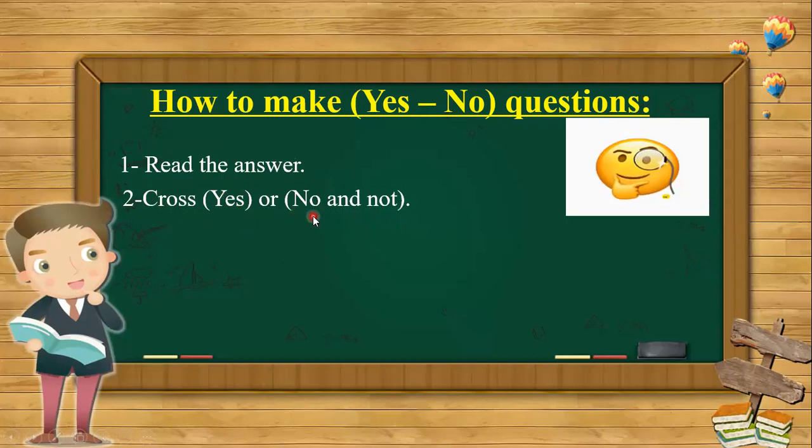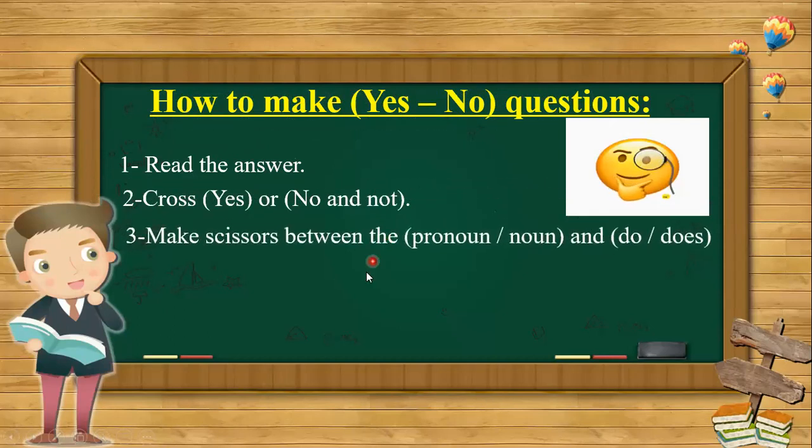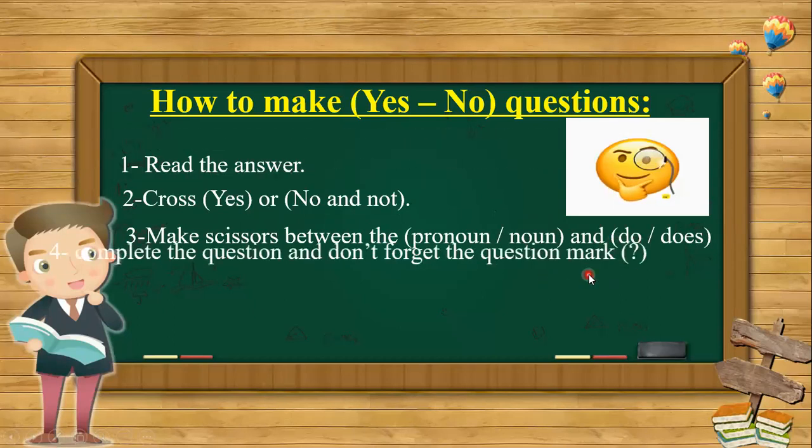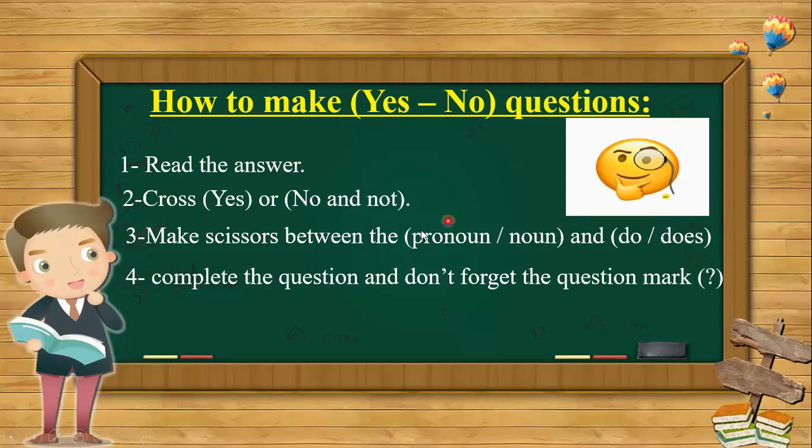If it is no, I will cross no and not. Number three, we make a scissors between the pronoun and do and don't, in the case of no, of course. Number four, complete the question and don't forget the question mark.